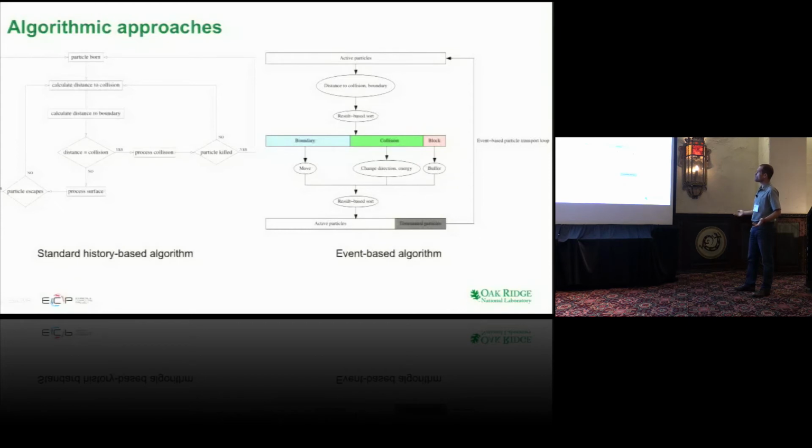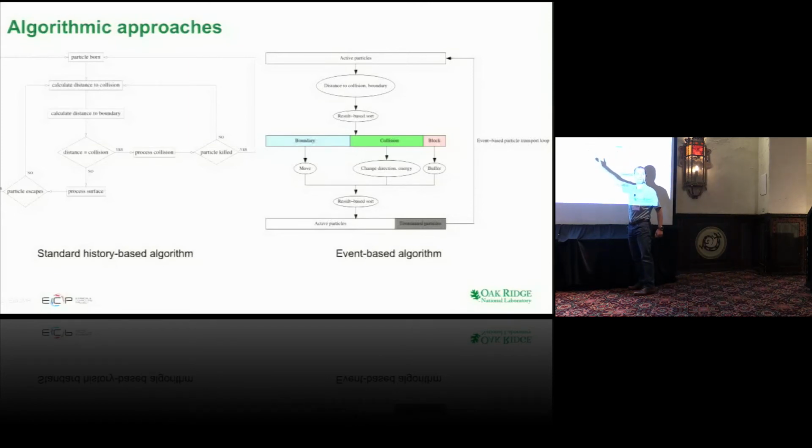So another approach is to recast this algorithm based on the events. I say, okay, I've got a bunch of active particles. I can calculate my distance to collision and distance to boundary for all of them. That's a common instruction, so I'm running the same instruction. Then I sort them based on what they're going to do.